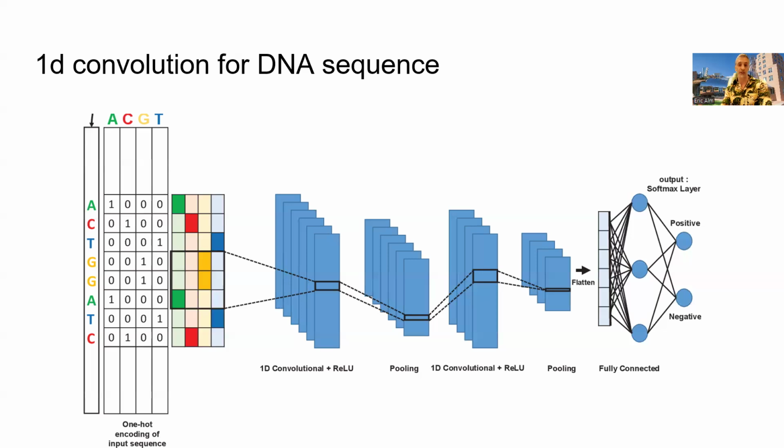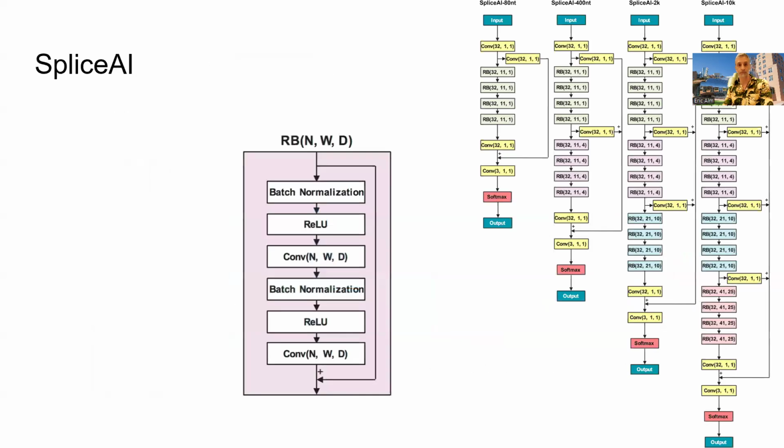We'd have these 1D convolutional layers. They might have many channels. Those channels could be sites that are important for chromatin structure, or sites that are enhancers or repressors. There are a lot of different things that may be encoded in these DNA models, depending on how we train them.